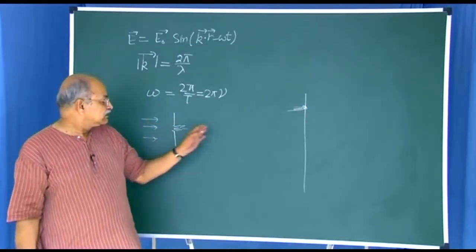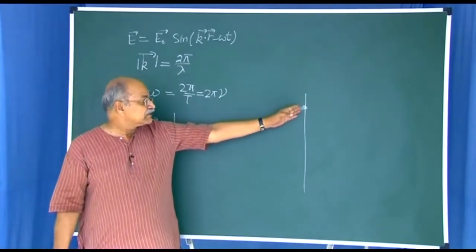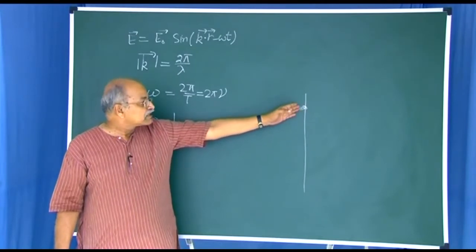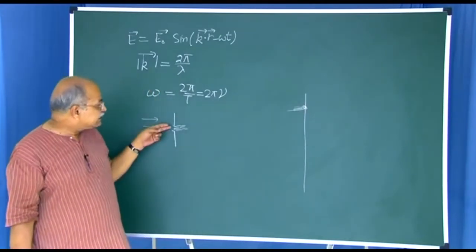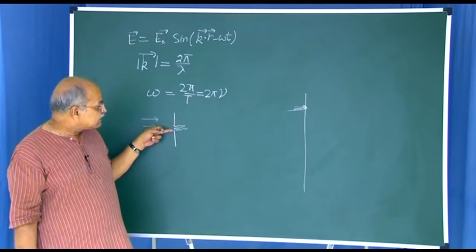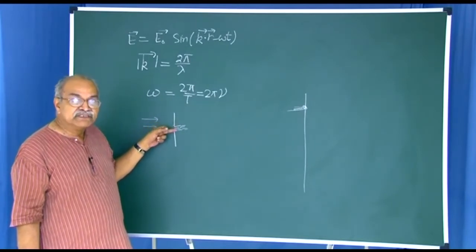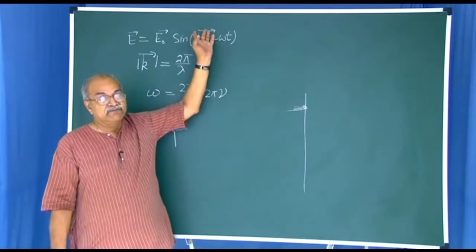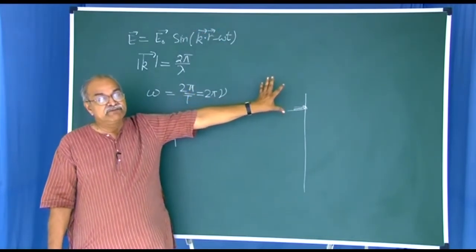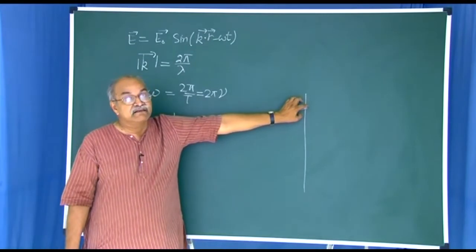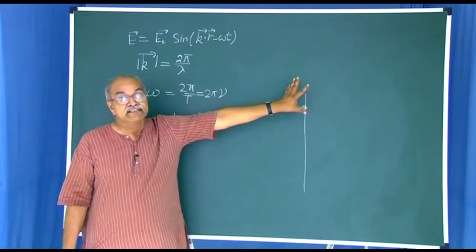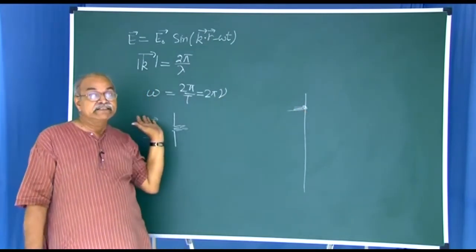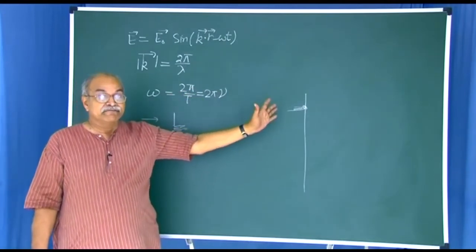And these different wave parts which are reaching here, originating from different portions of this slit, will have different phases, and when they add, they may give you a pattern of changing intensity which we call single slit diffraction pattern.